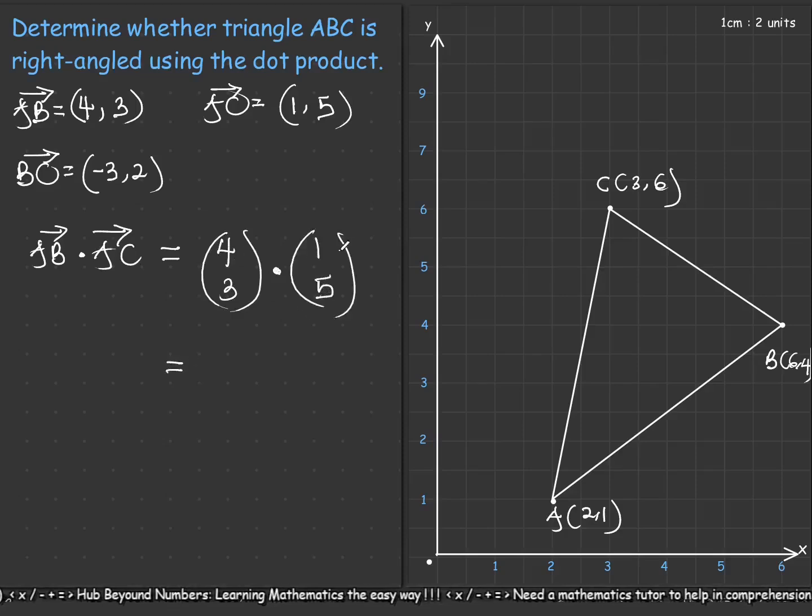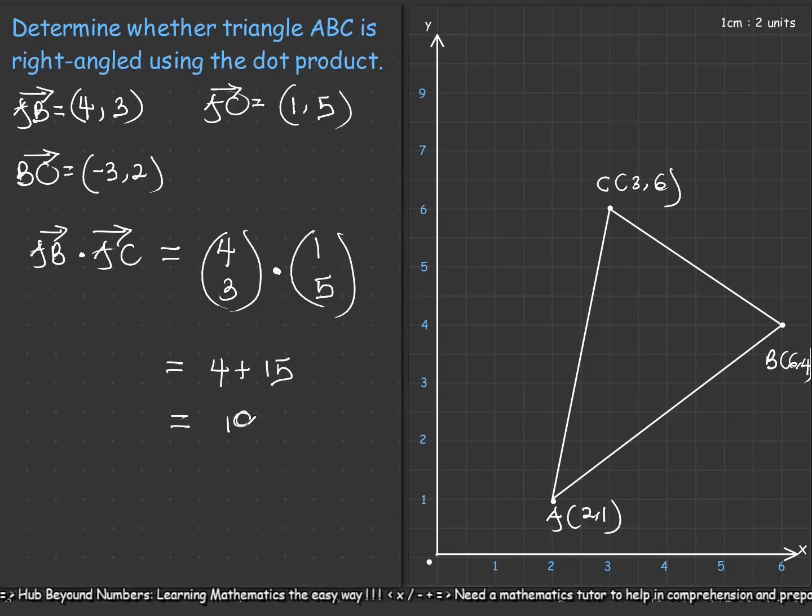Evaluating further, it means you have 4 times 1, which is 4, plus the 3 times 5, which would give us what? A 15. Simplifying, we have 19. And this 19 here is a positive number.